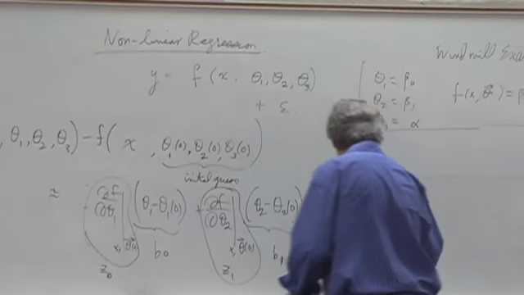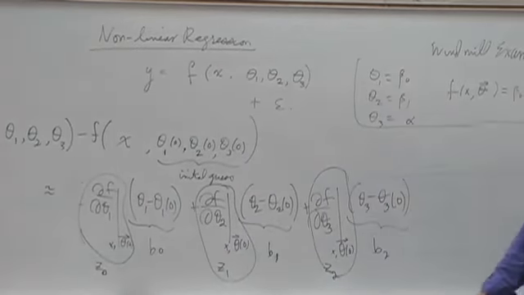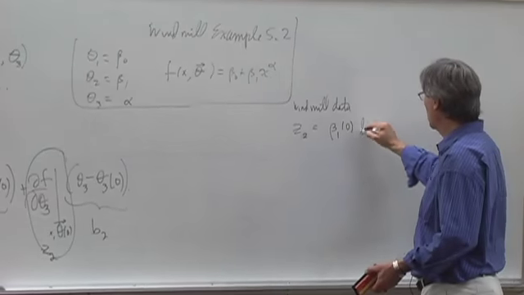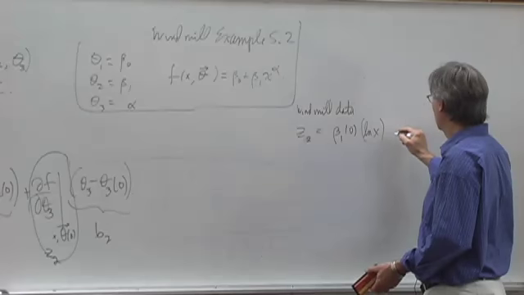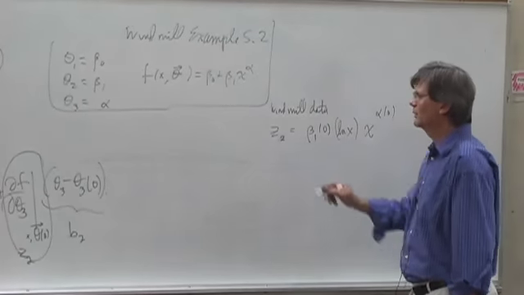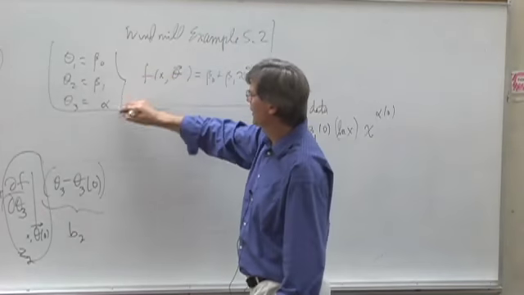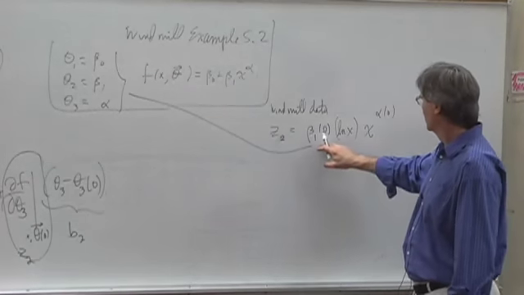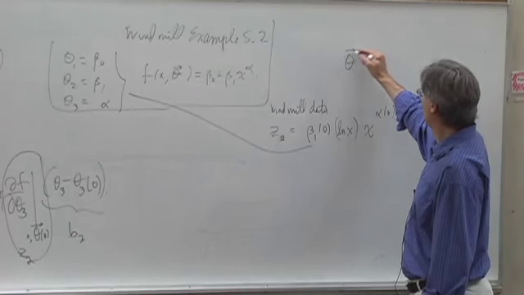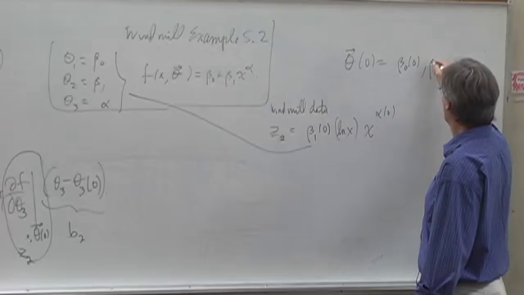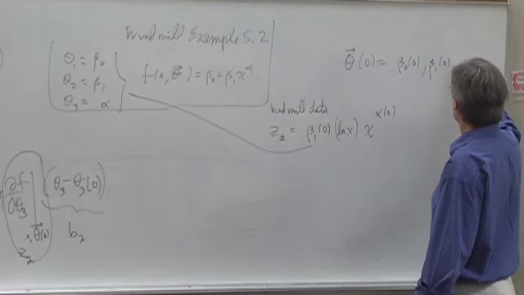Let's call this B0, B1, and B2, for the increments. And then Z2 is beta 1, 0 log x, x to the alpha 0, is the way it came out to be for these parameters, where theta 0 was equal to beta 0, 0, beta 1, 0, and alpha 0.